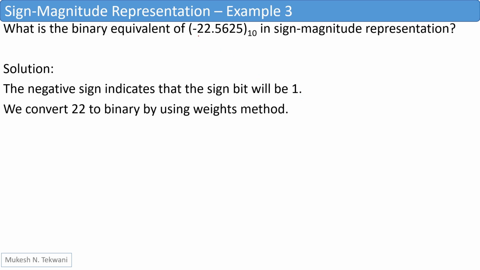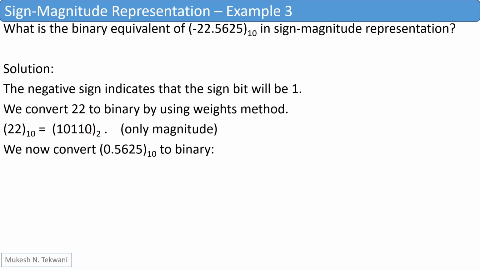First, we will convert 22 into binary using the weights method, or we could use the division by 2 method. In either case, we would get 22 as 10110. This is only the magnitude.